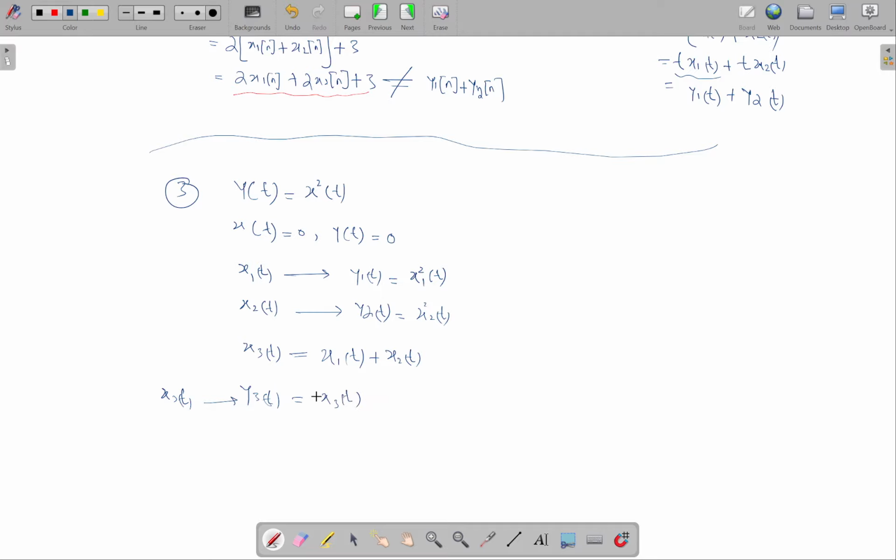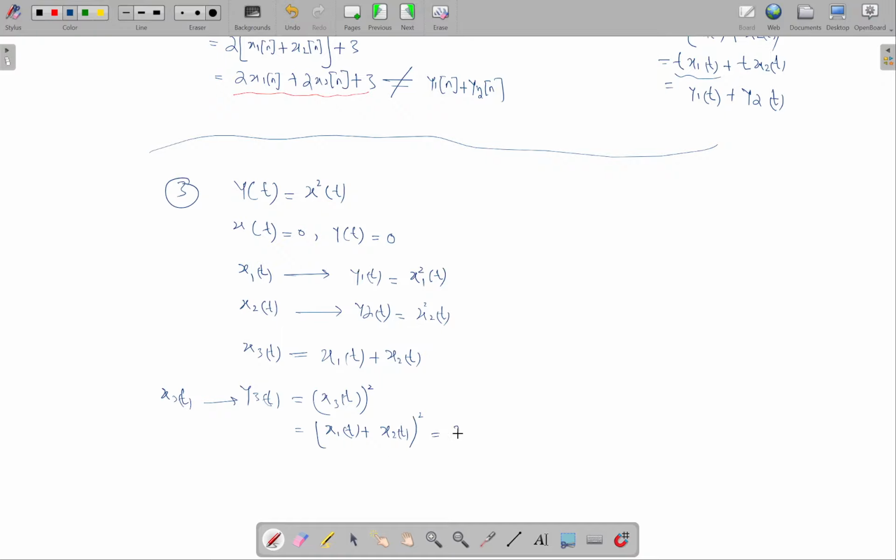squared. I could have written the square over here as well, that is fine, but I have intentionally mentioned it to make things a bit clearer. Now substitute, instead of x3(t), this particular relation. So what we have is x1(t) plus x2(t), and it's squared now.